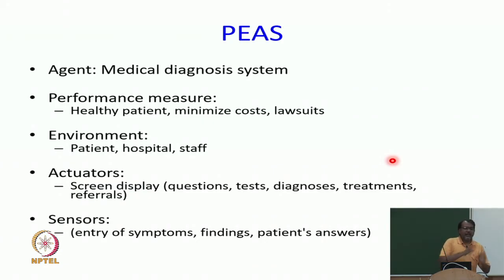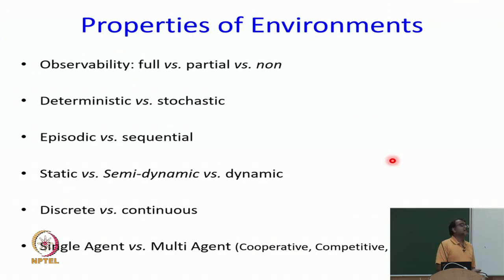Now, let us zoom a little bit in the environment. What are the various properties of the environment? These properties are incredibly important because they help us in figuring out what kind of algorithm to use. One property is observability. Let us spend a few minutes here.